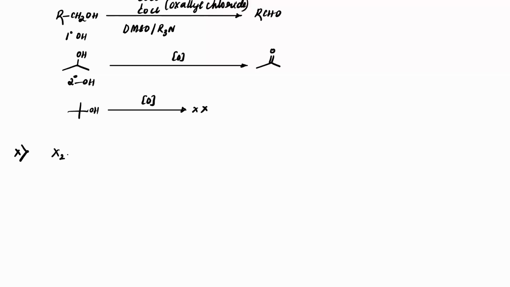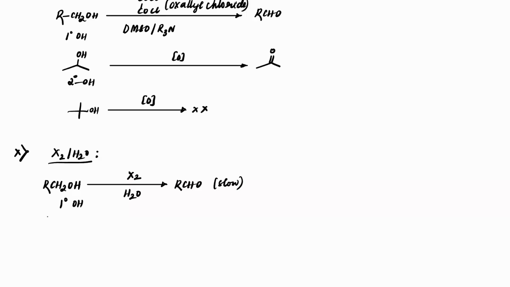Next, X2 and water, that is halogen water. This is again a simple case, mainly observed for 1-degree alcohols. If you have 1-degree alcohols, it will make a slow oxidation of alcohols to aldehyde. This itself is a slow process, where X is chlorine, bromine, or iodine.